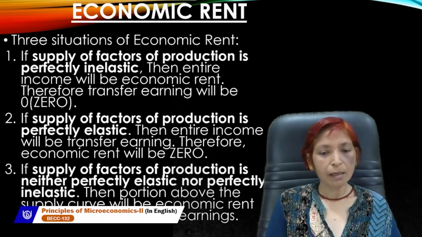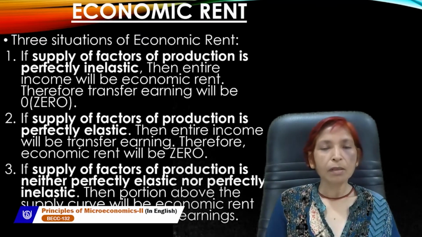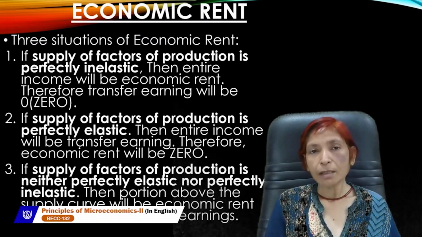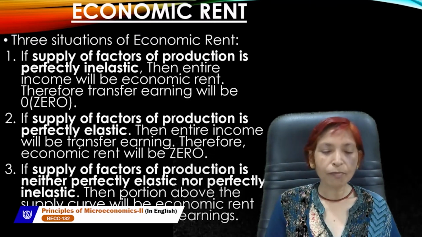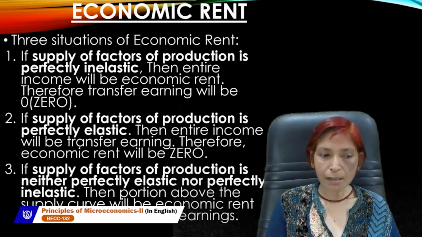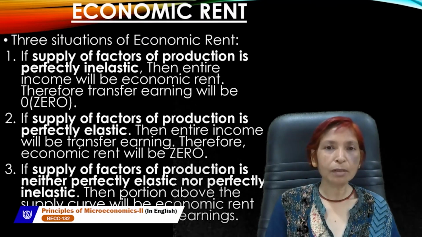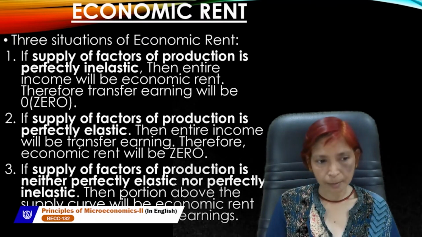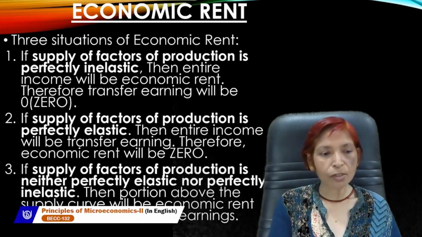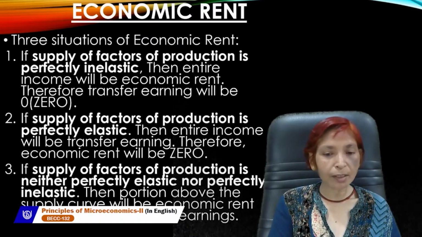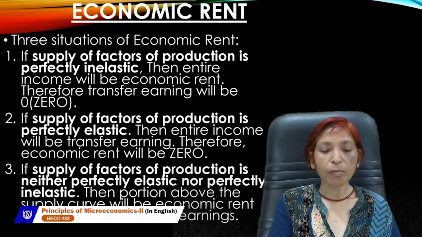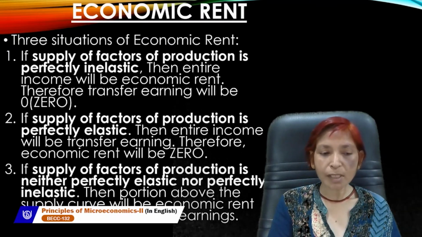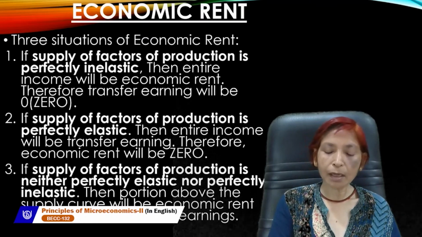In that case, the portion which lies above the supply curve will be called economic rent, and the rest, which lies below the supply curve, will be called transfer earning.